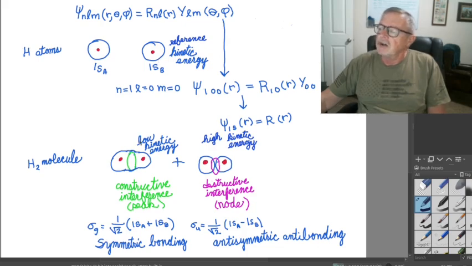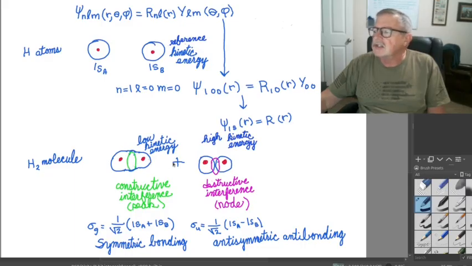Now down here, just to stress the same point that I made in the last video 3, we have lower kinetic energy if these two centers come together and we have an electron that is attracted to both of these protons.